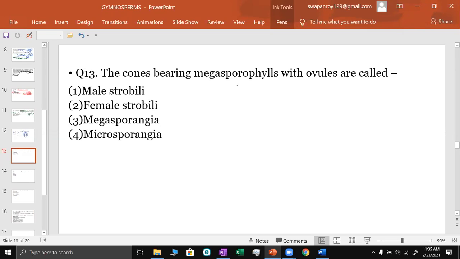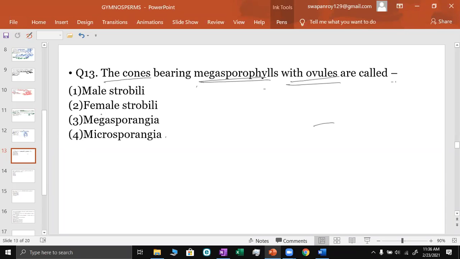13. The cone bearing megasporophyll with ovule. The cone which bears megasporophyll, and that megasporophyll contains the ovule, is called: male strobili, female strobili, megasporangia or microsporangia.